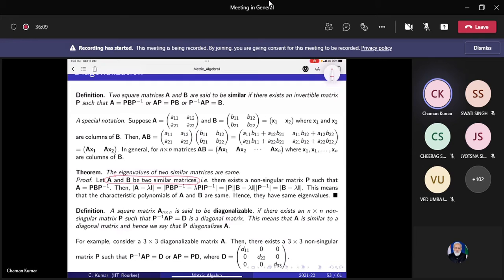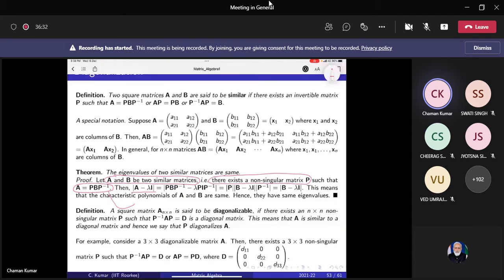This means that there will be a non-singular matrix P such that A is equal to P B P inverse. Now we start with the characteristic polynomial of the matrix A, which is the determinant of A minus lambda I.